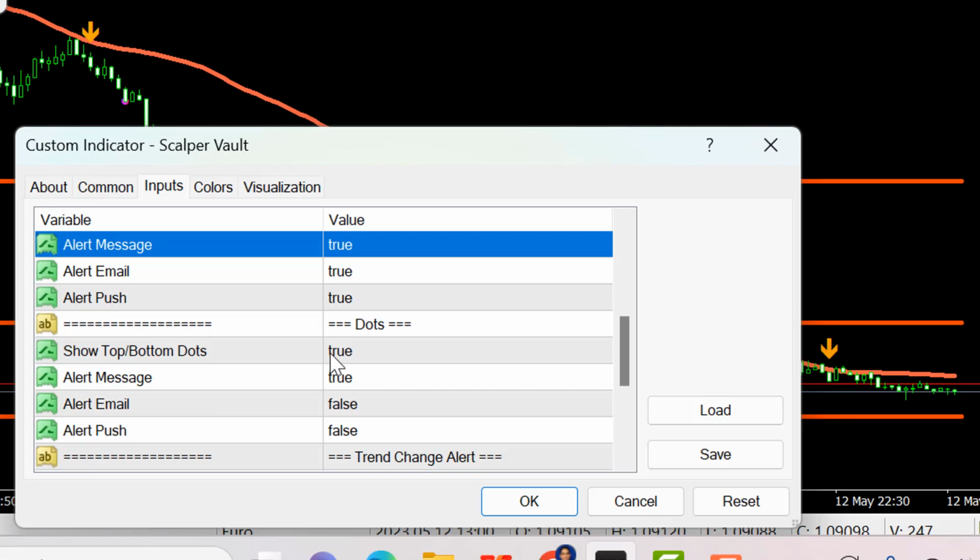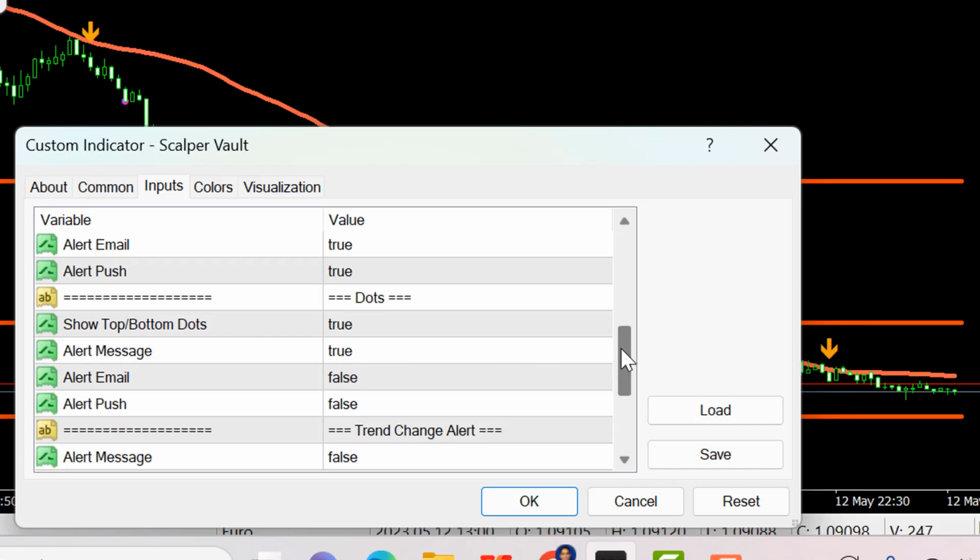It also has an alert message. If you set it to true, then you will be alerted through the presence of a dot. Very useful. That is the reason why I am very thankful that I saw this in the market.